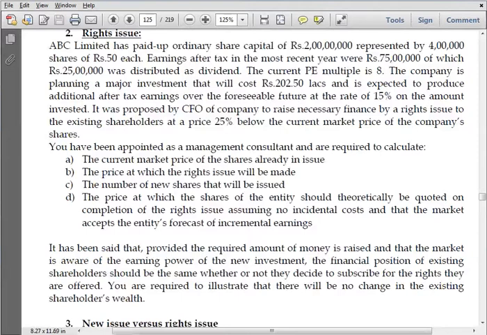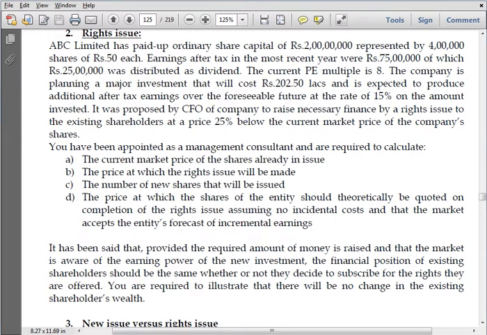With the EPS, you're going to multiply the P/E multiple. If you see here, it says earnings for the most recent year were 75 lakhs. I know the number of shares. Earnings by number of shares will give me earnings per share, into P/E multiple will give me the market price of a share.